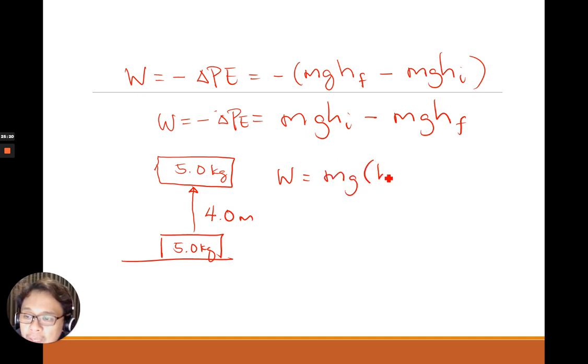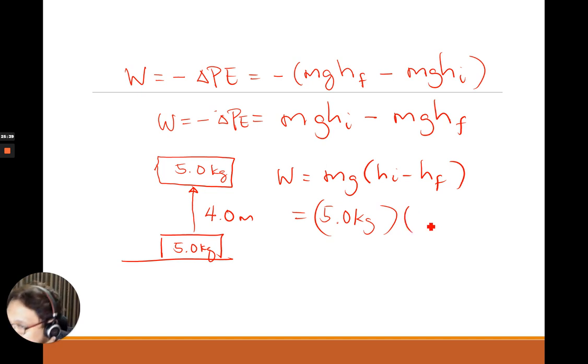You are going to get hi minus hf. Okay, so the initial height is equal to 0, and then the mass of the object is 5 kilograms, multiplied by 0 minus 4.0 meters.